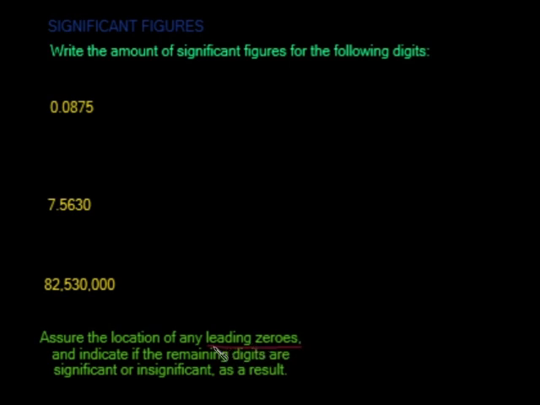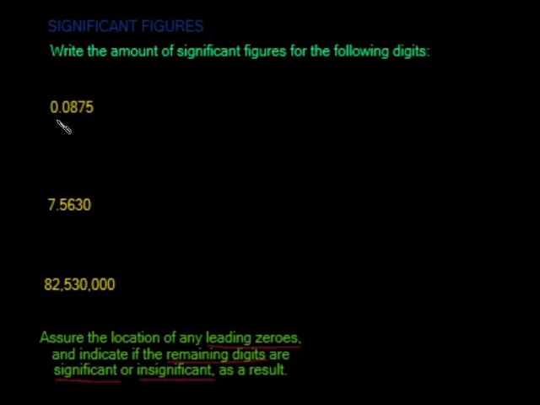I have to look at the leading zeros for these digits firstly, and indicate if the remaining digits are significant or insignificant as a result. I'll read that again for clarification: assure the location of any leading zeros and indicate if the remaining digits are significant or insignificant as a result.